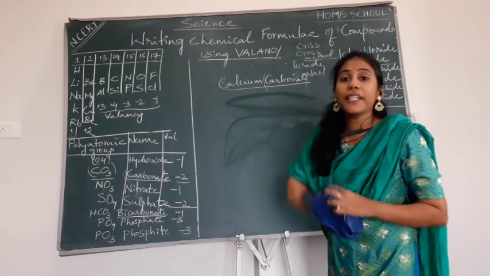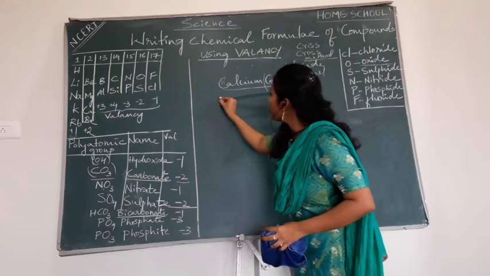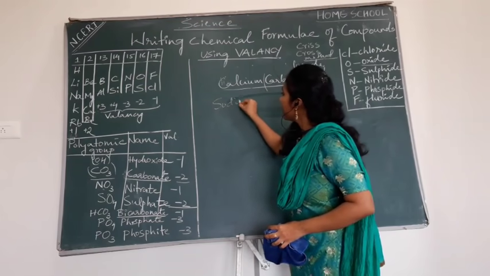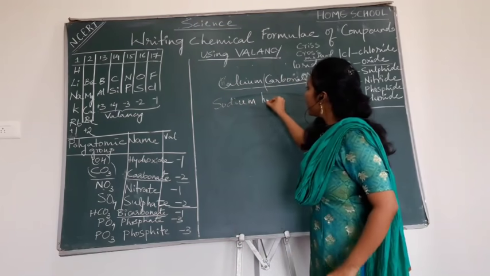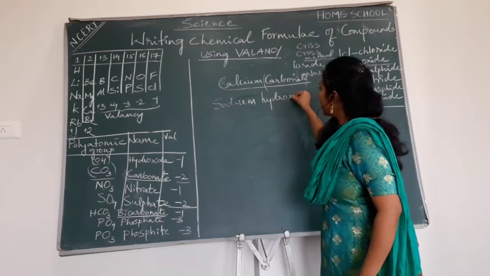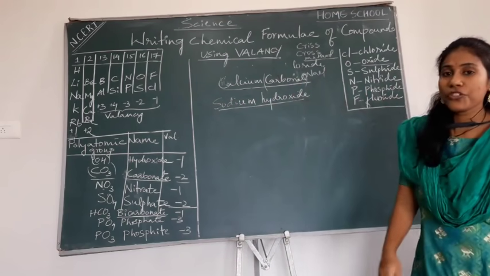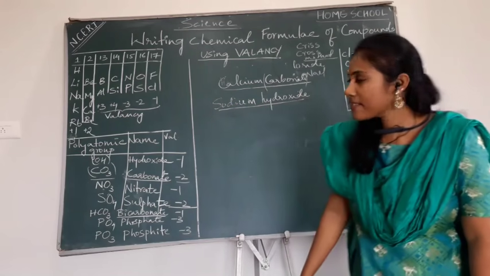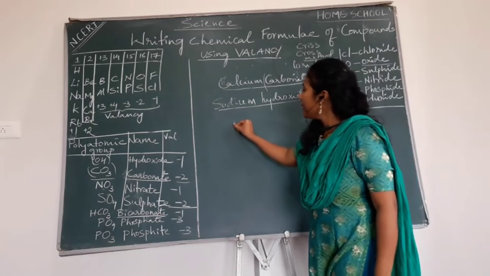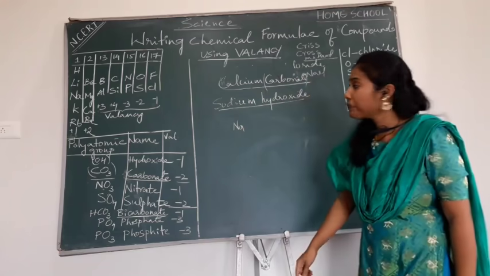Okay. I will go for the next compound. That is sodium hydroxide, children. Sodium hydroxide. Okay. So now can you all try writing for sodium hydroxide? Yes. Sodium symbol Na. We all know very well.